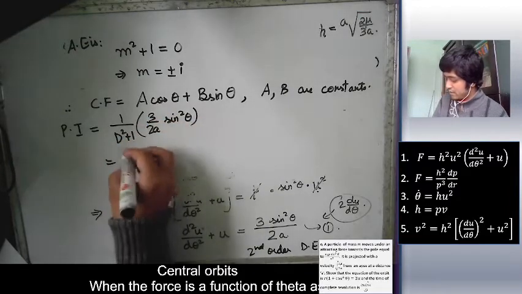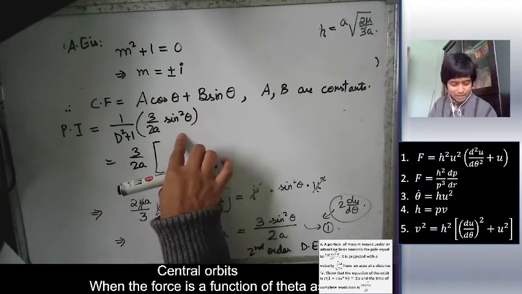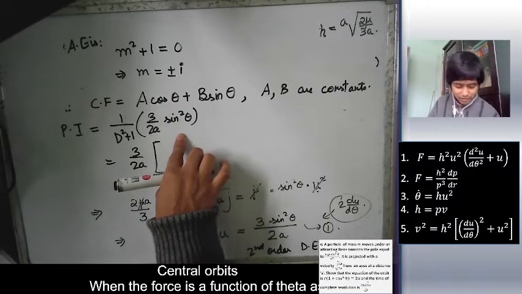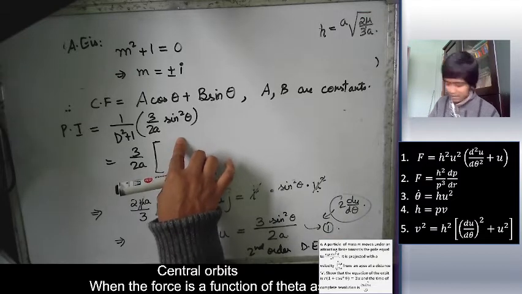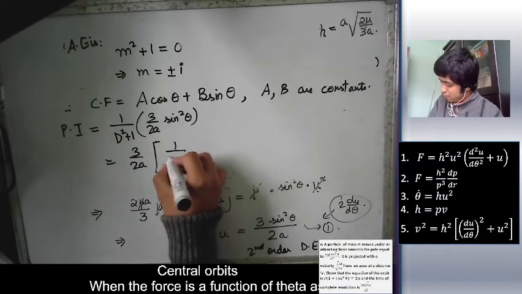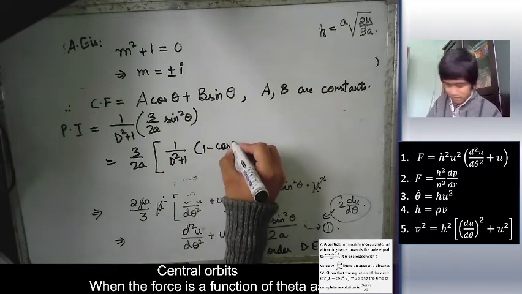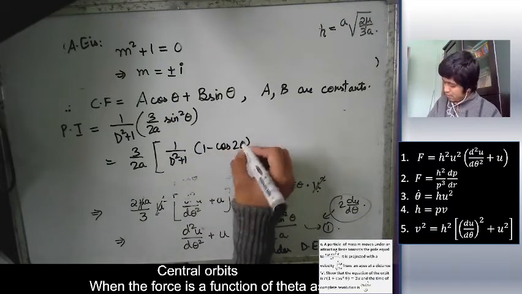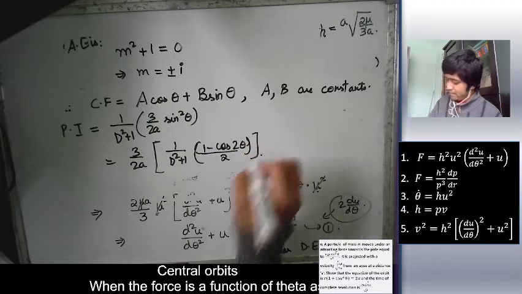The constant we can even take outside. Sine square theta, we can write it using the formula as 1 minus cos 2 theta upon 2. So this is what we are having.